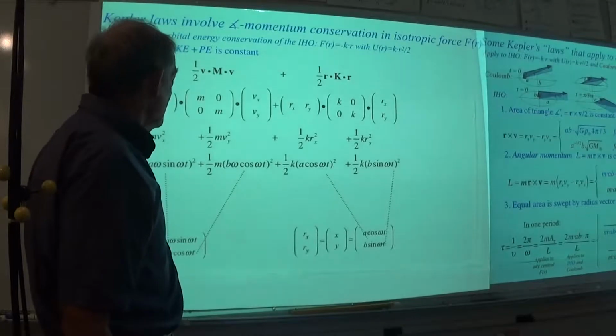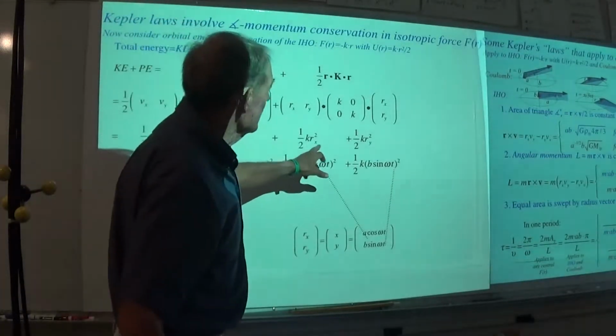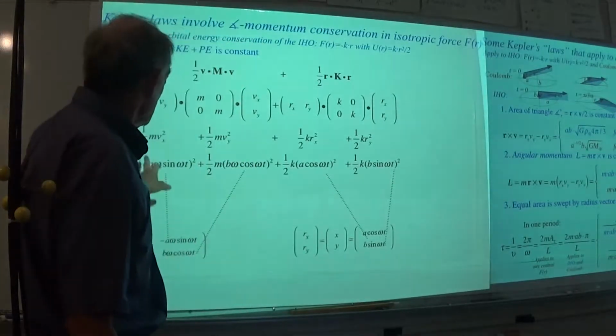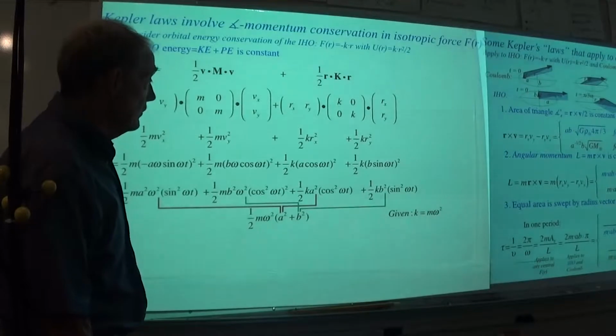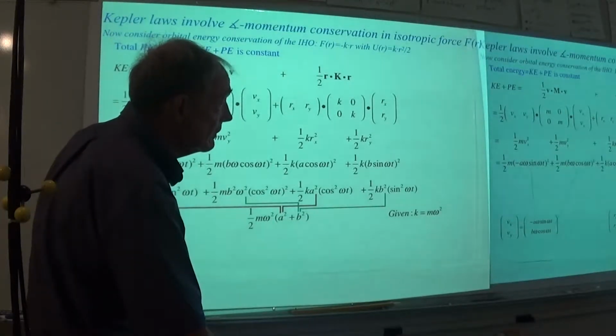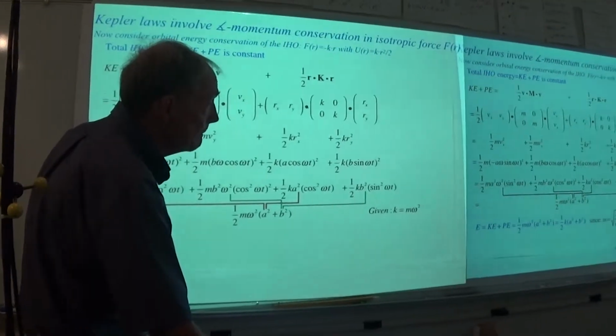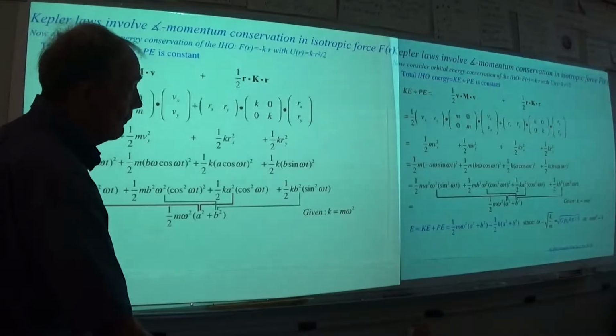In any case, when you add up all of the various pieces, given what we know for position and velocity, it becomes very simple. That is, it becomes a constant depending on A and B, and it's A squared plus B squared with the omega squared.